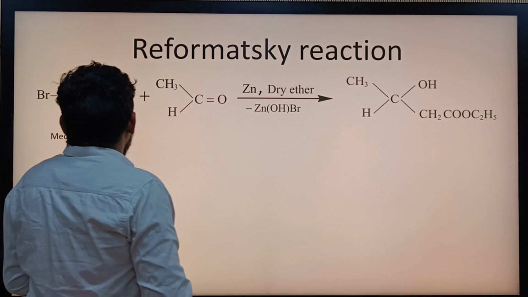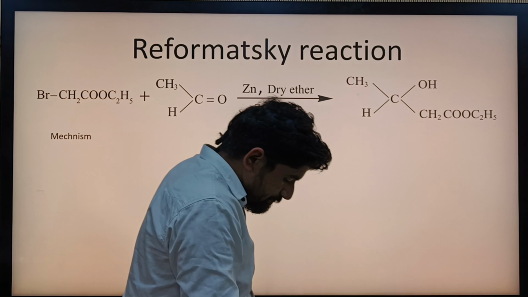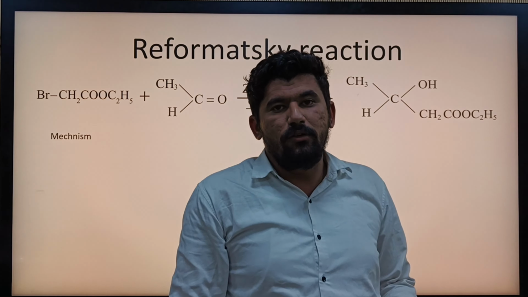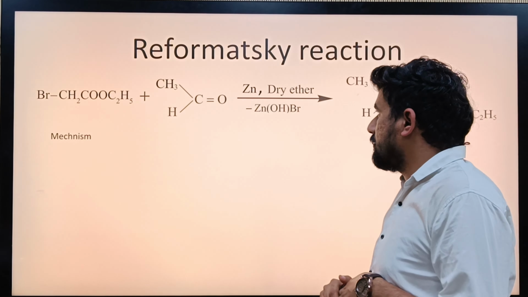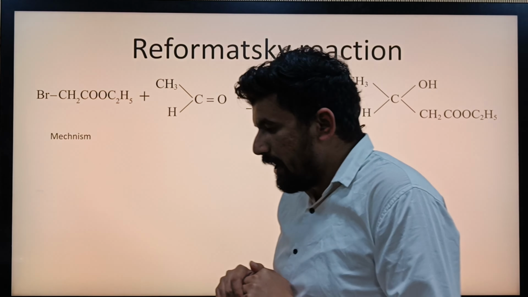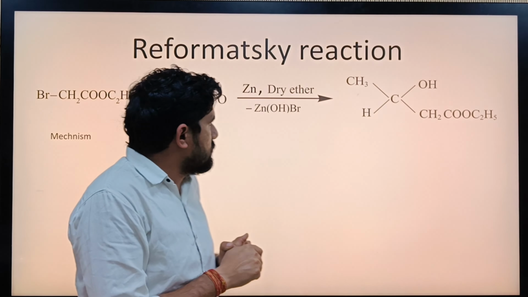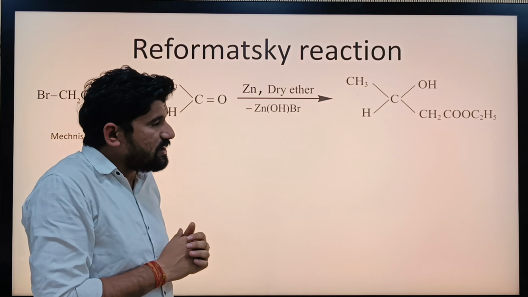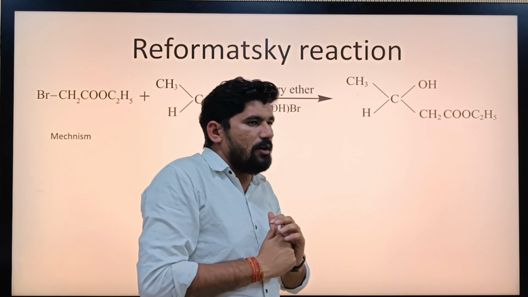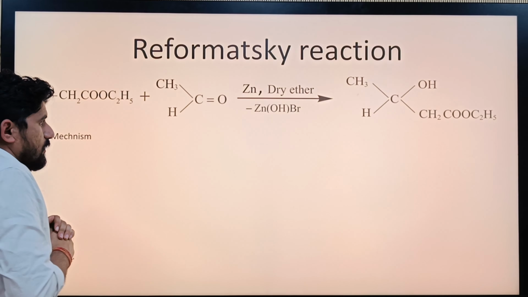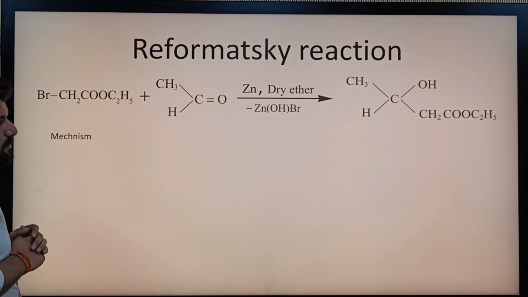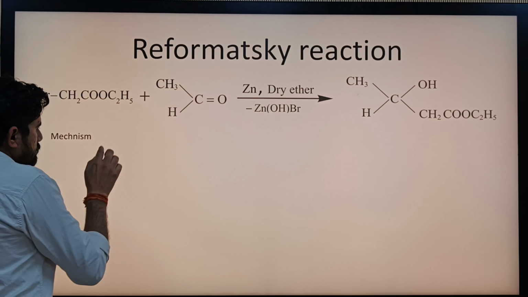Another reaction we have is the Reformatsky reaction. In the Reformatsky reaction we have an alpha halo ester and a carbonyl group, or you can say aldehyde. In the presence of zinc, it is converted into an alcohol group. So let's see what is the mechanism behind this reaction.